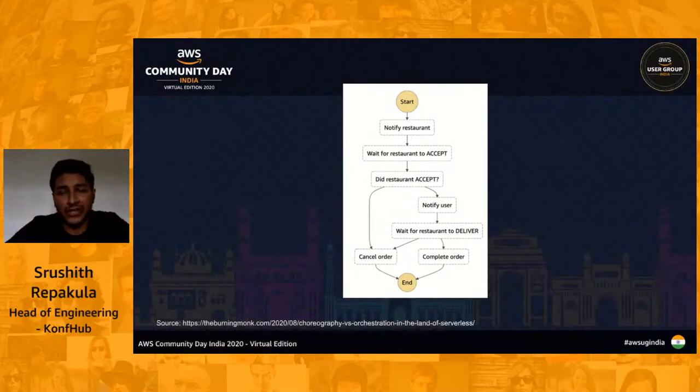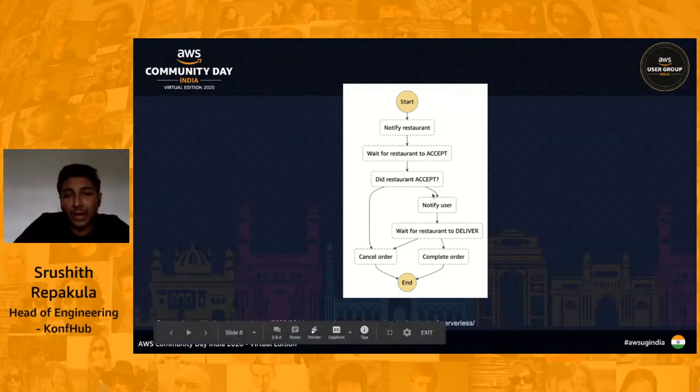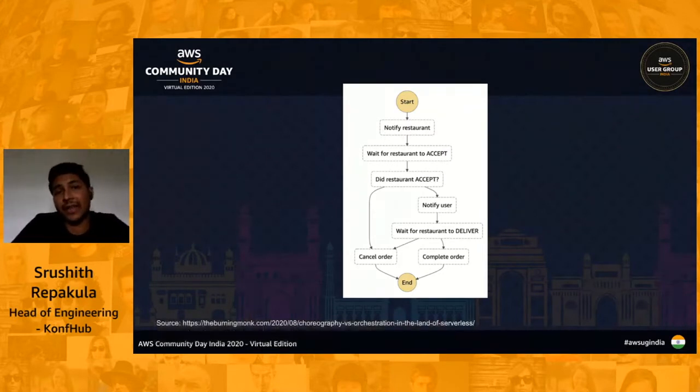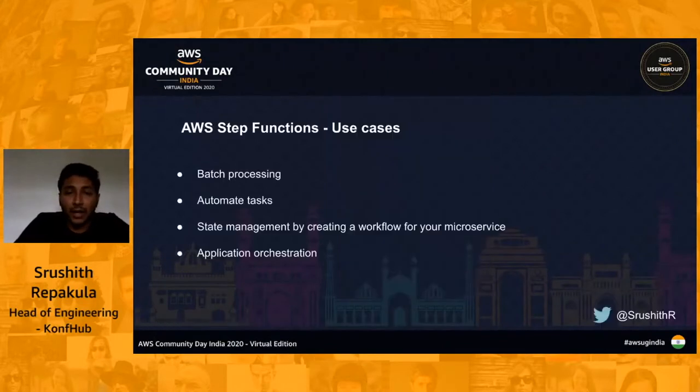The other advantage is, because we are configuring this as JSON, it becomes a part of our infrastructure as code. It goes to our source control, and becomes part of our Git. So anybody looking at this application and user flow can clearly understand what is happening where and what is failing where. That is one of the really good advantages that I feel about Step Functions.